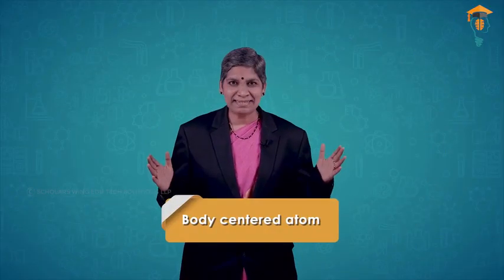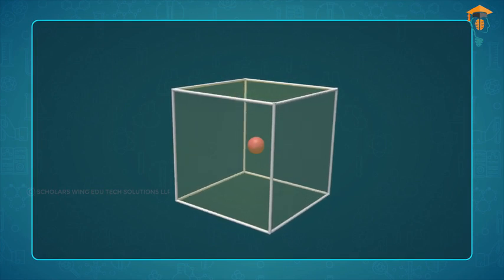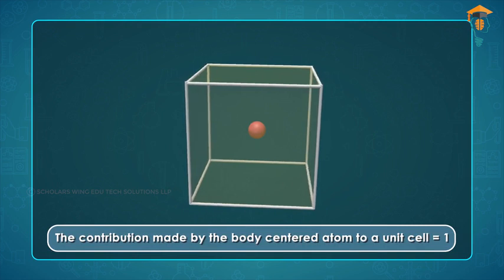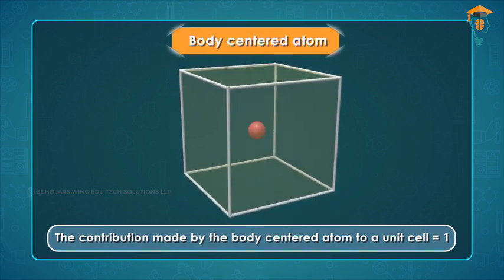Okay. Now let us take a body-centered atom. For that, take a look at this unit cell. Can you see an atom present inside that cell? In fact, this atom is actually occupying the center of the body of the unit cell. Therefore, this atom can be called a body-centered atom. Fine.